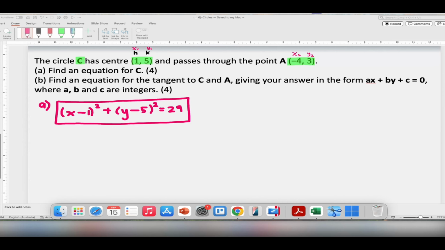The answer is they are always perpendicular. So what we are going to do first to answer question B is we are going to find the gradient of the radius from the center.